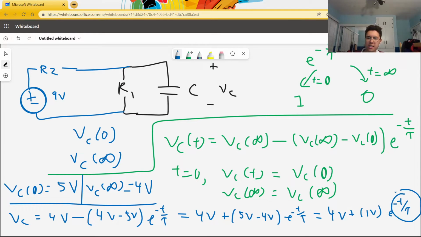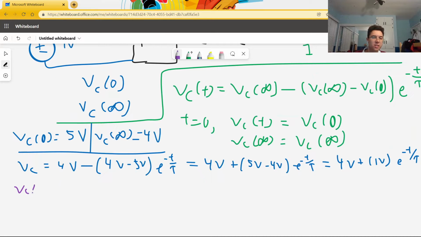So observe that when t equals 0, the exponential is 1, so the voltage at t equals 0 is 5 volts. This 1 volt represents all the extra voltage that the capacitor starts with, but this extra voltage gradually fades away.